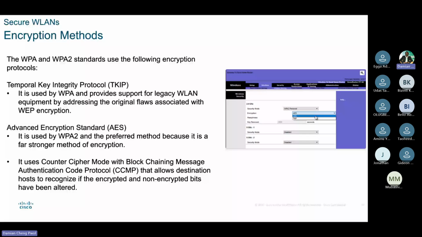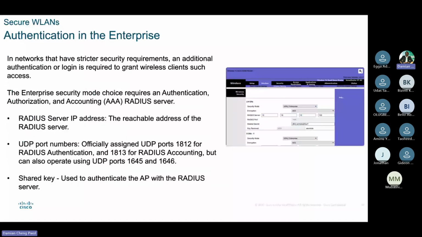So let's go to authentication in enterprise using RADIUS. In networks that have stricter security requirements, an additional authentication or login is required to grant wireless clients such access. The enterprise security mode choice requires authentication, authorization, and accounting.